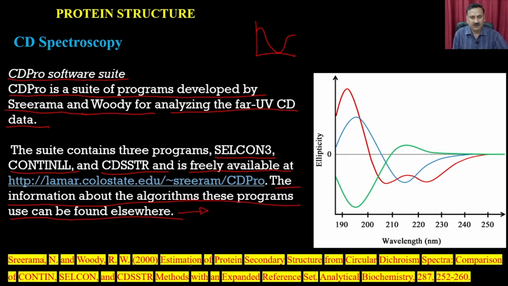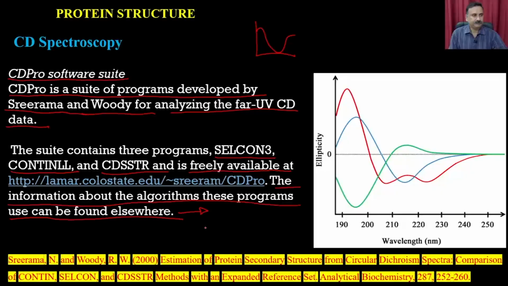I have given you the link for the reference of this CDPro program. And when we show you the CD spectra demo, we are also going to show you how to use the CDPro software and analyze the data.